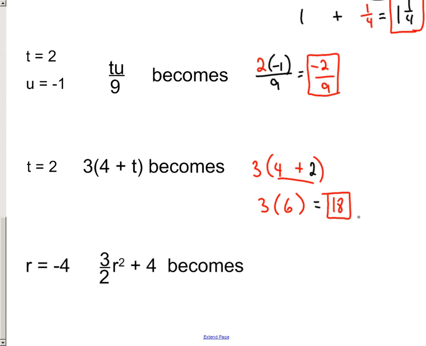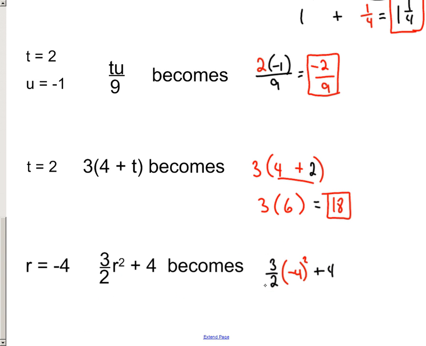And here's the very last one I want to take a look at. The r is equal to negative 4. So actually, I tell you what, no, we'll be okay. Let's look at this. 3 halves times negative 4 to the second power plus 4. So let me drag this over here so that way we can see that it becomes that.